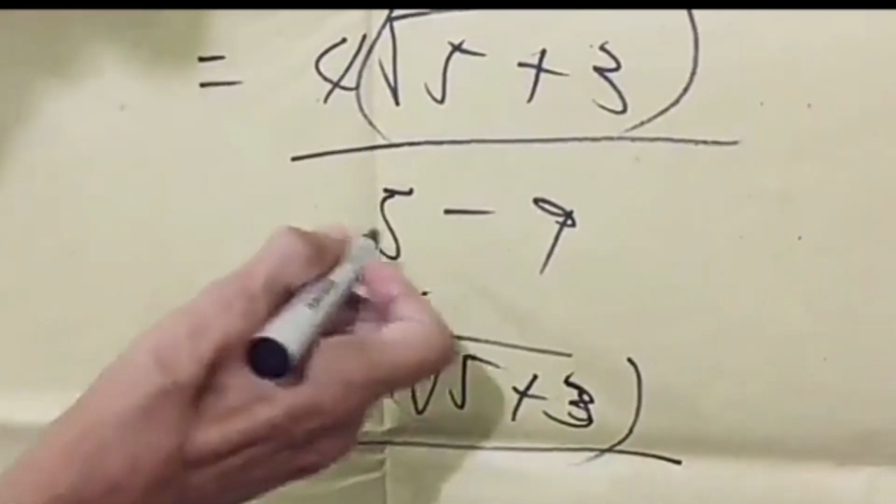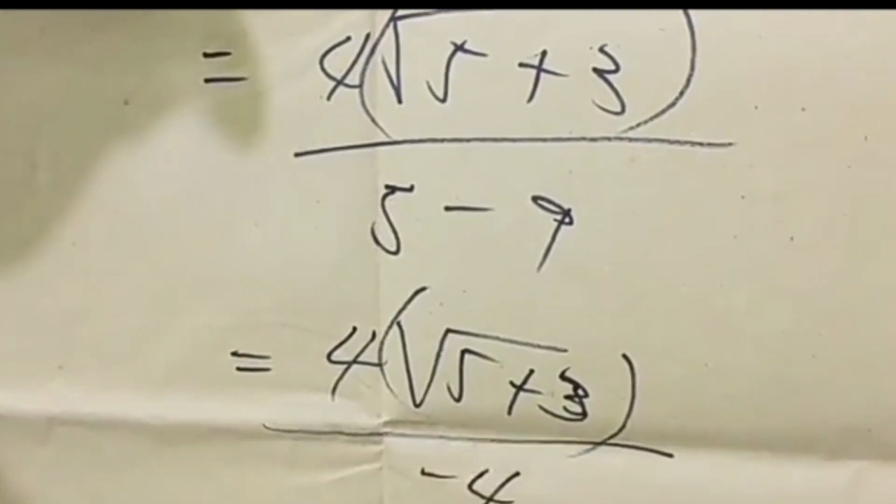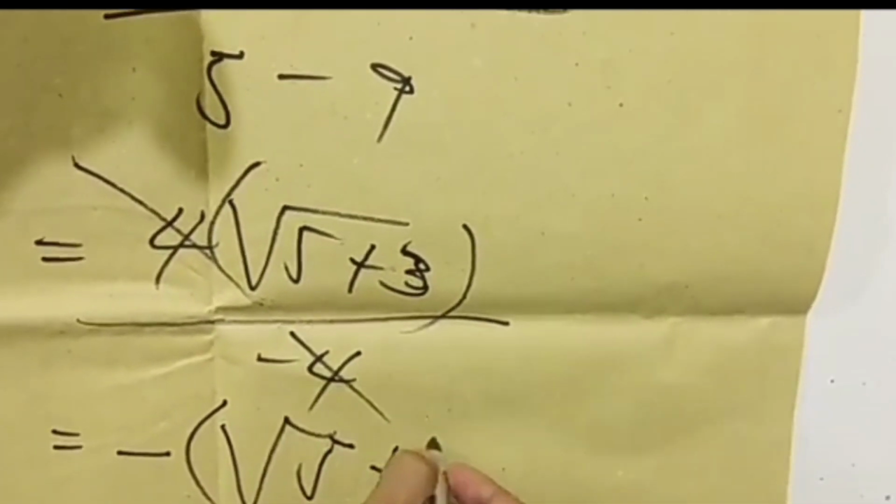Then this time 9 minus 5, we have negative 4. Then we have to cancel 4 and 4. And the final answer is negative the square root of 5 plus 3. This is now our final answer.